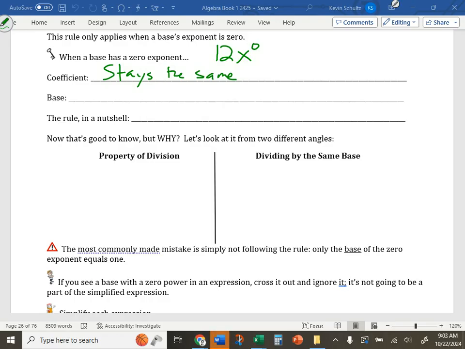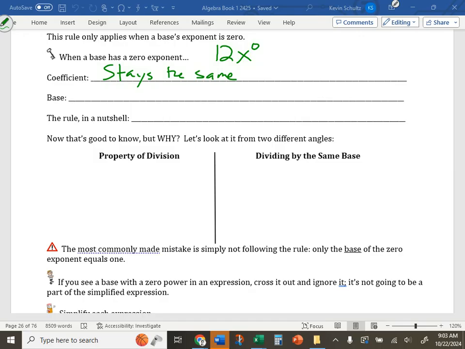Okay? This is deceivingly easy because when we get to what the rule is in a nutshell, a lot of kids just kind of latch onto that. Whenever they see a zero power, they do the exact same thing. They forget that sometimes the coefficient can adjust things. But this is the only rule where the coefficient stays the same and the base changes.